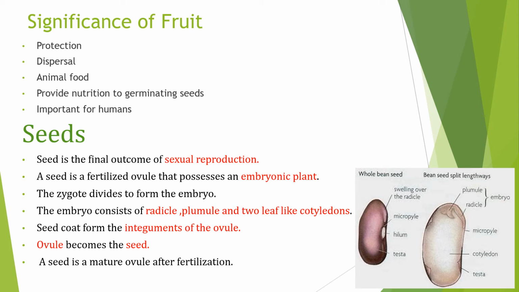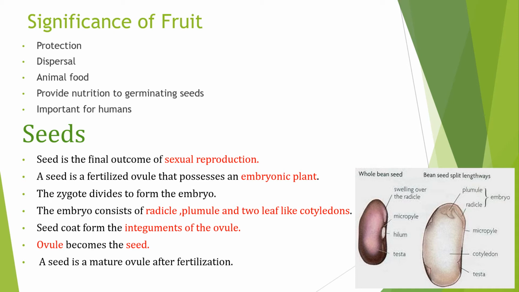Fruits help in the dispersal of seeds to distant places. Next, animal food. Fleshy fruits are eaten by animals who also disperse the seeds to other places. The fruits provide nutrition to the germinating seeds. They are also very much important for humans.